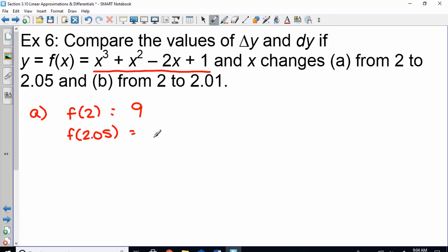If I plug in a 2.05 for my function, I get 9.717625.